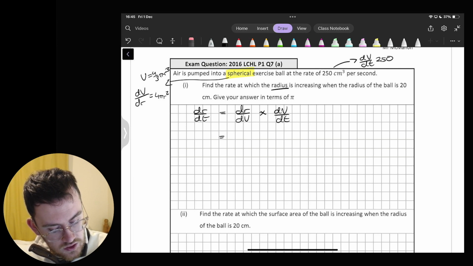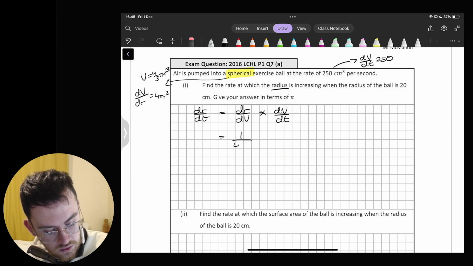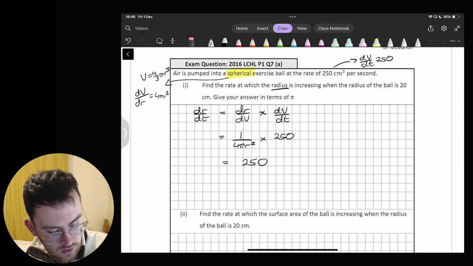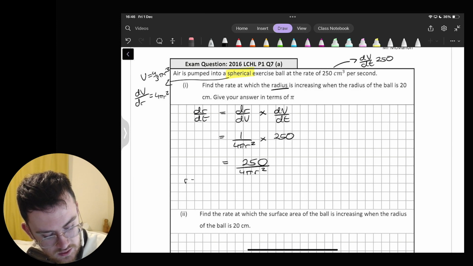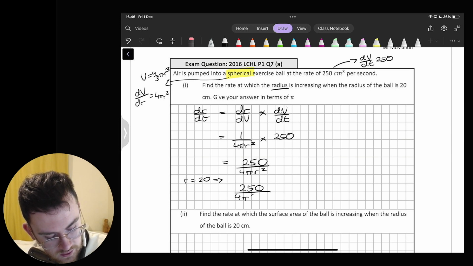So making use of what I have here, that's 1 over 4 pi r squared times 250. So 250 over 4 pi r squared, and I wanted when the radius is 20 centimeters, so r is 20, so that's 250 over 4 pi 20 squared.